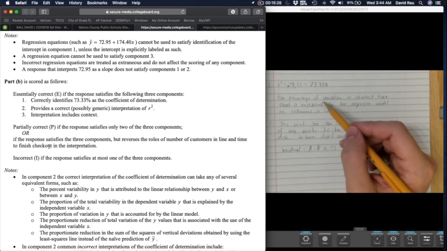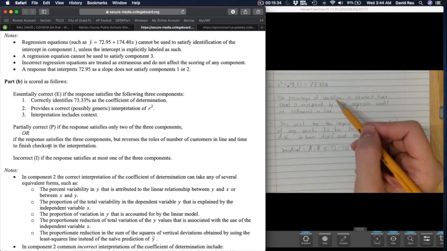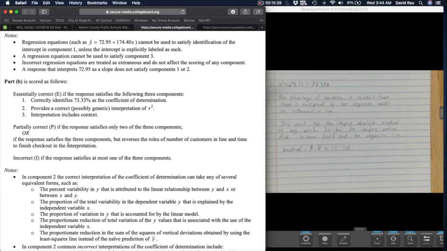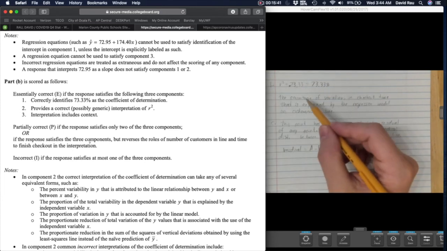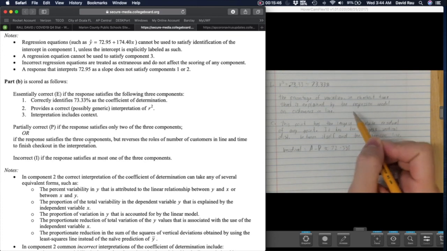You can't really predict customers in line. It's kind of the other way around. Because there's X customers in line, you expect this checkout time. You don't really want to think about that the other way around. All right, now in other words, just make sure that you are always saying the percentage of variation in response is explained by the explanatory variable.